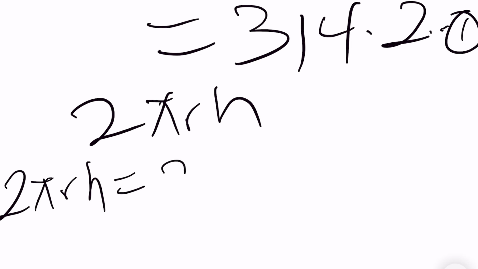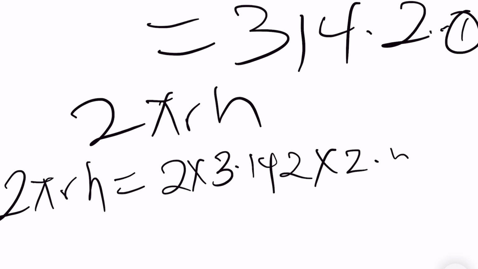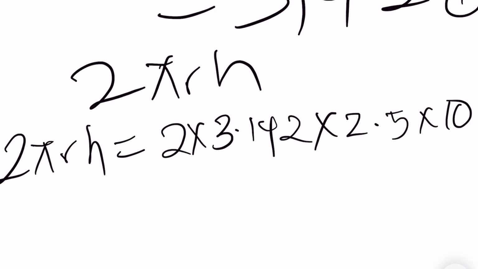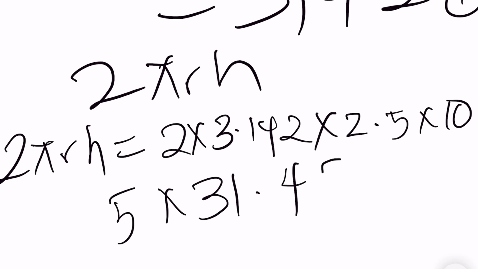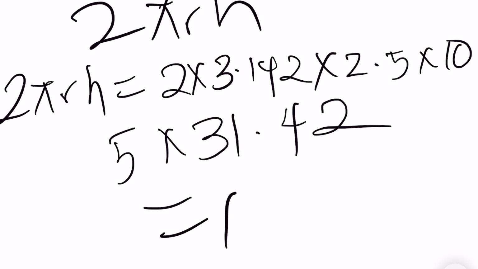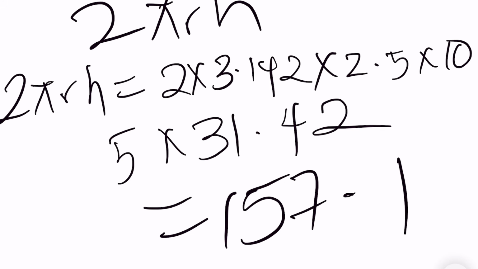The next one, which is 2 pi rh, we have it to be 2 times 3.142 times 2.5 times 10. 2 times 2.5 is 5, so we have 5 times 31.42, which is 157.1.